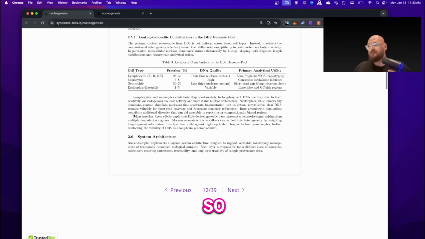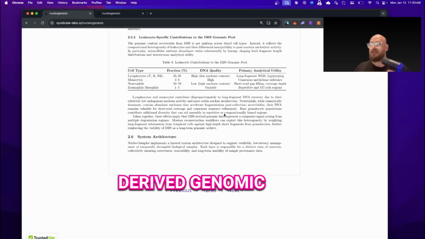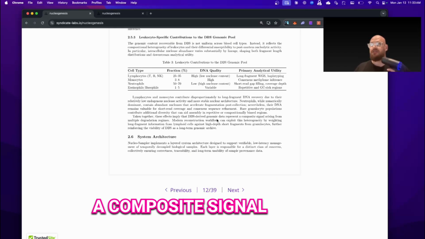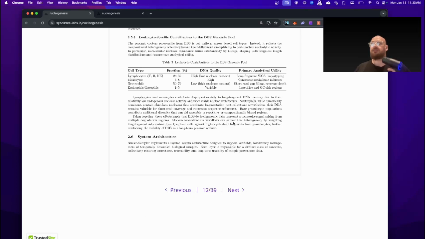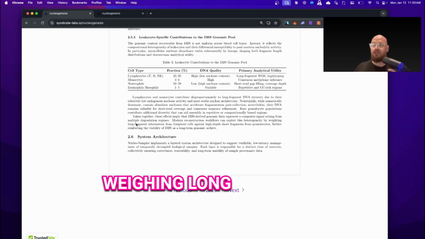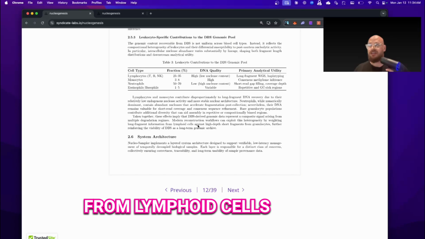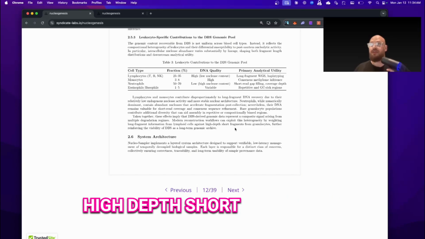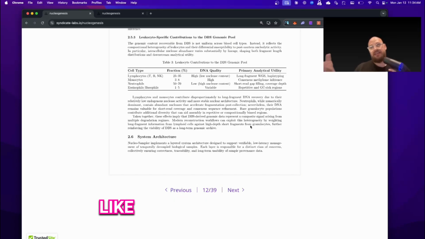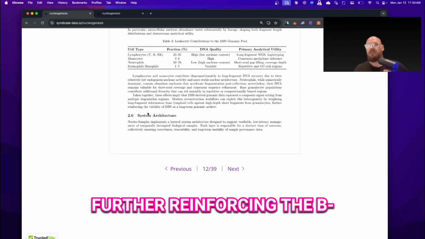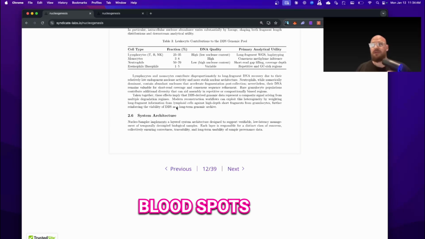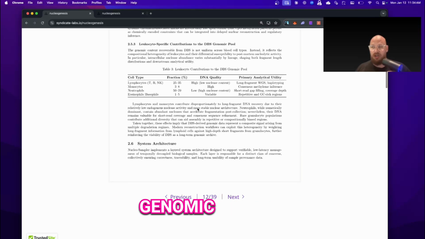Taken together, these effects imply that dried blood spot derived genomic data represents a composite signal arising from multiple degradation regimens. Modern reconstruction workflows can exploit this heterogeneity by weighing long fragment information from lymphoid cells against high depth short fragments from granulocytes. So it's like taking everything to build this nuclear blueprint manifest for a synthetic nucleus, further reinforcing the viability of dried blood spots as a long-term genomic archive.